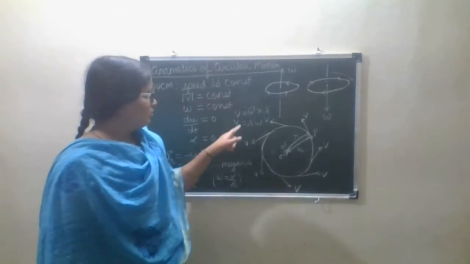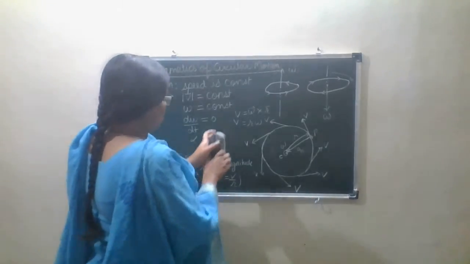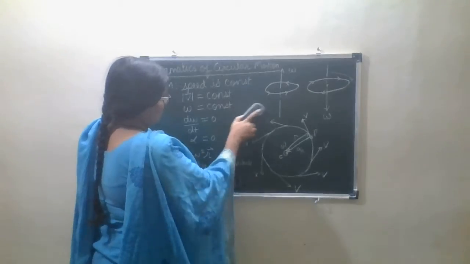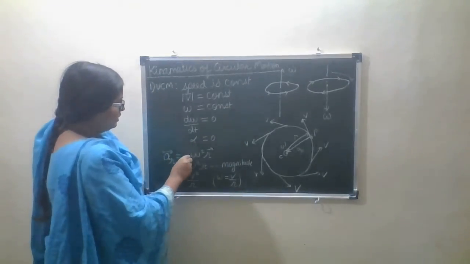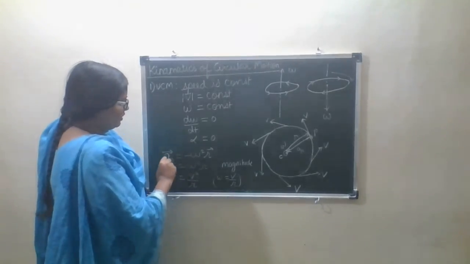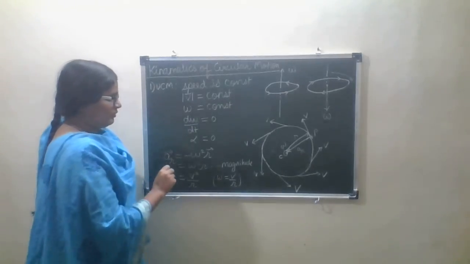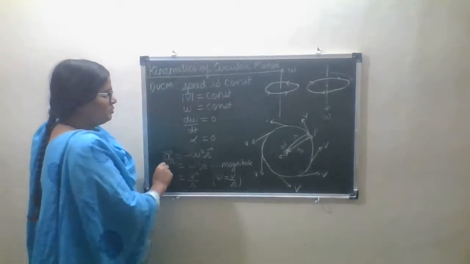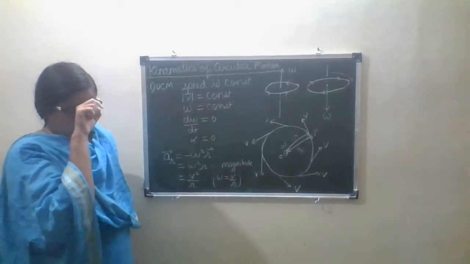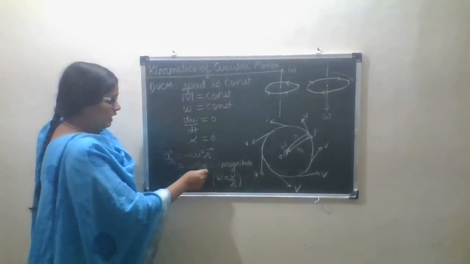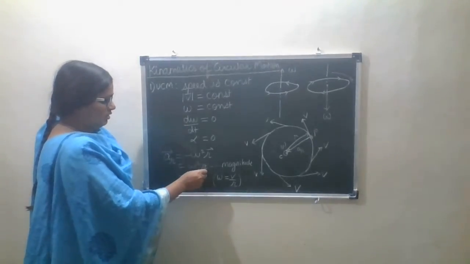Okay, so now we will see how this equation comes. In vector form, the radial acceleration or centripetal acceleration is minus omega square r, and in magnitude we can write it as omega square r.